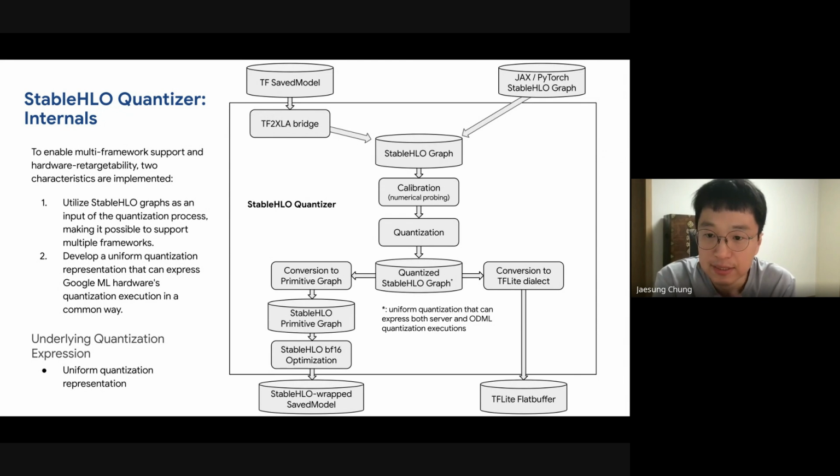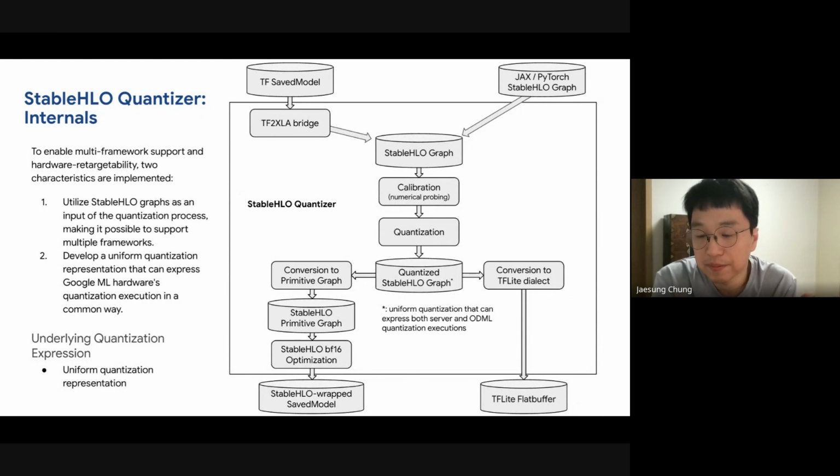For example, on the XLA runtime side, we utilize the SavedModel format that contains the StableHLO graph as an artifact. This offline quantizer takes a SavedModel and produces a quantized SavedModel, which has the StableHLO-based quantized execution. That is one way, and TF-Lite has a similar story, but the serialization format is bound to the TF-Lite product and its own serialization format.